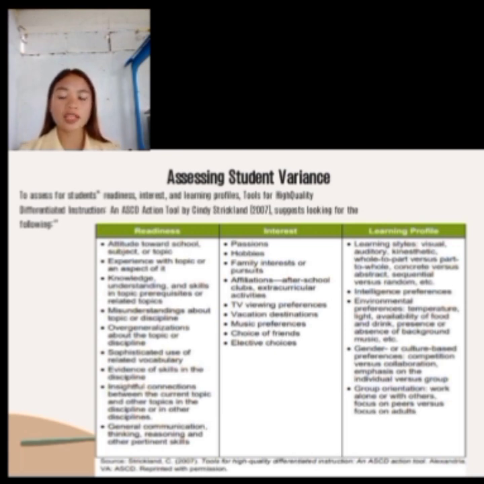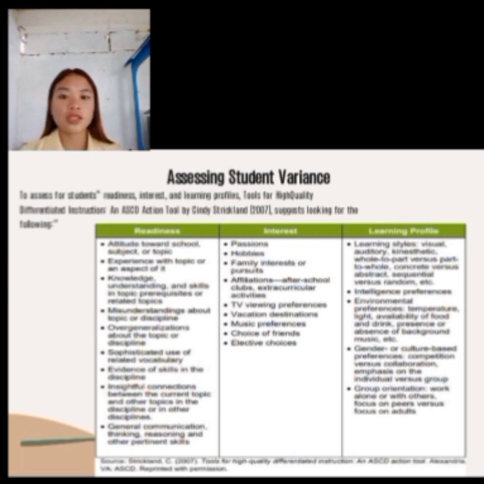For example, if we are going to discuss a topic and they say, teacher, I have already experienced that, that is also one way we can identify that the student is ready to learn.